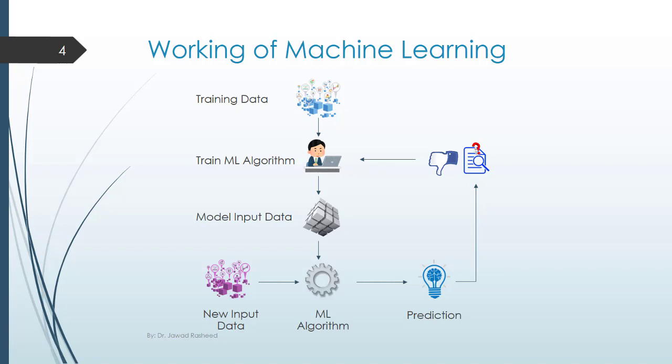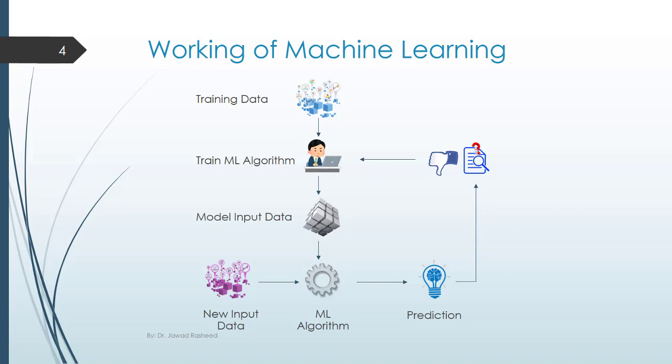So, machine learning enables computers to act and make data-driven decisions rather than being explicitly programmed to carry out a certain task. These programs are designed to learn and improve over time when exposed to new data.